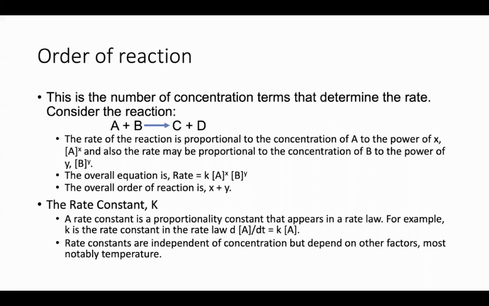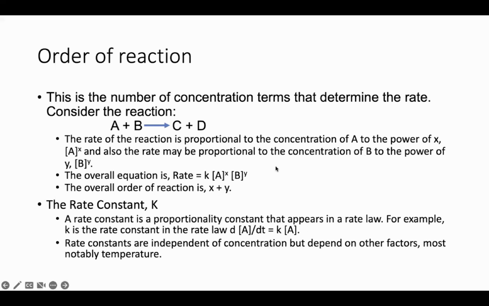So the rate of reaction is proportional to the concentration of A to the power of X, right? That's what we have when we're saying that the overall equation is rate equals this constant K, multiplied by the concentration of A to the power of X, and the concentration of B as well to the power of Y. Now, the overall order of reaction is X plus Y, okay?